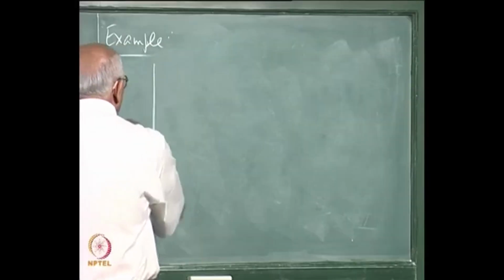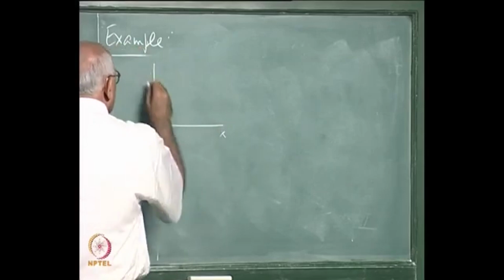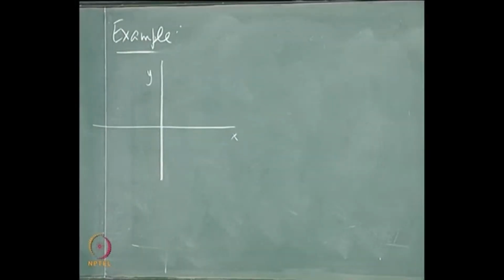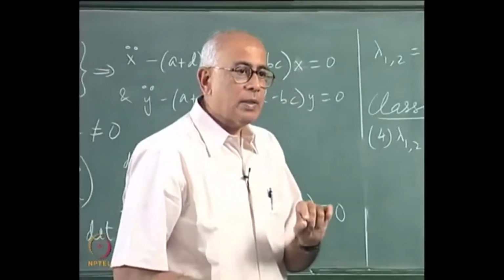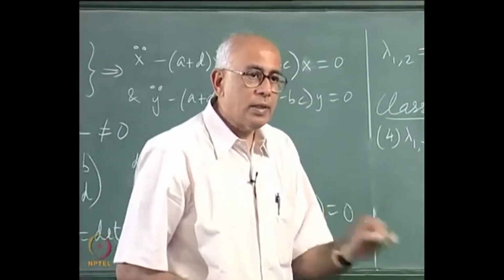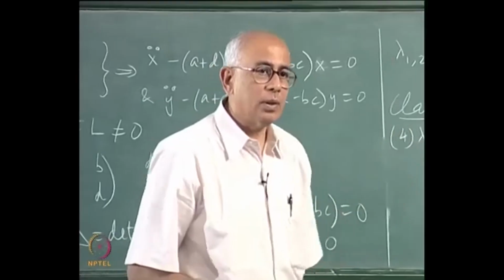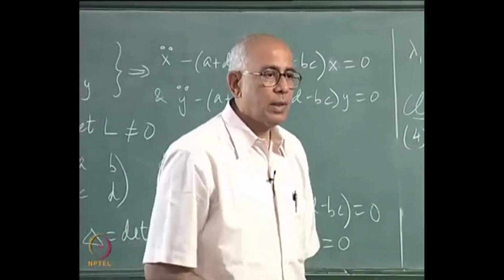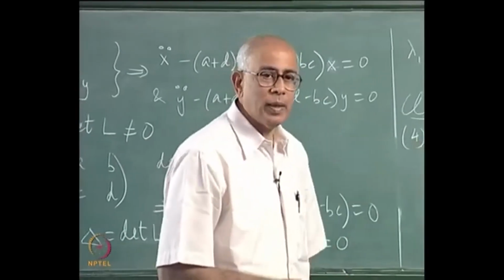Again I go to the phase plane, here is x and here is y. As time goes on x and y would change sign but would flow away from the origin, and they would oscillate with an increasing amplitude and go off. So what sort of curve would you expect?